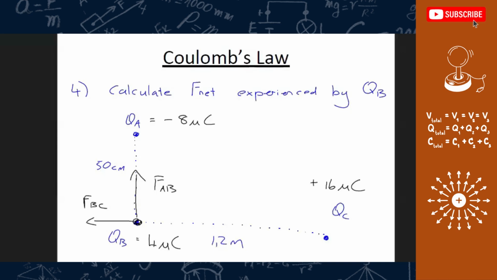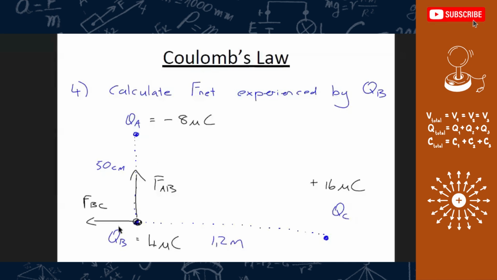Then we have here, they want us to calculate the net force experienced by QB because of QA and QC. If we look at QA, it has a value of minus 8 microcoulombs. If we look at object B, it has a charge of 4 microcoulombs. And if we look at object C, it has a charge of 16 microcoulombs.